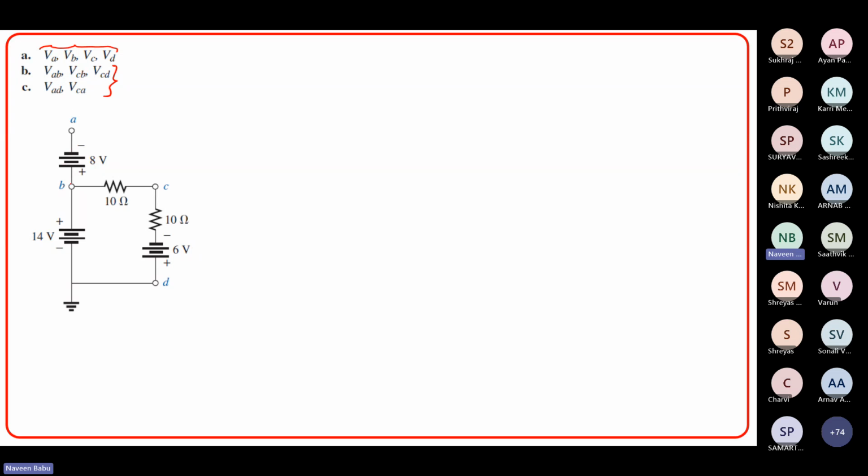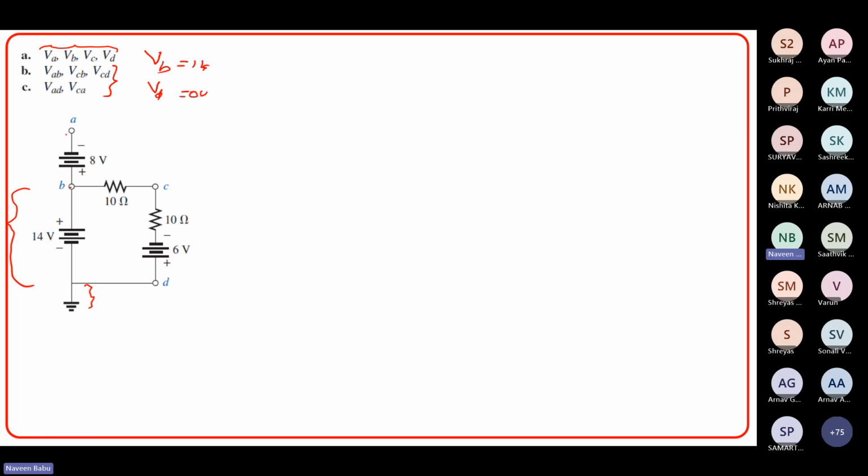That is VB. VB is straightforward because VB is this voltage. So VB is 14 volts, right? And what is VD? VD is this voltage between this and the ground terminal, which is 0. So VB is 14 and VD is nothing but 0 volts.